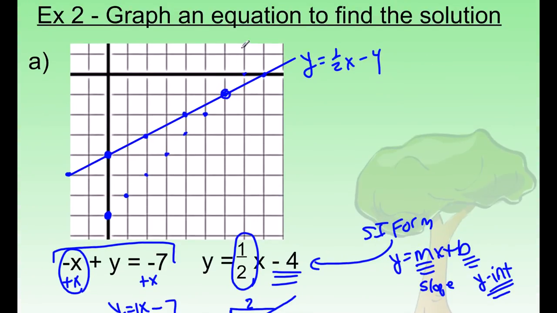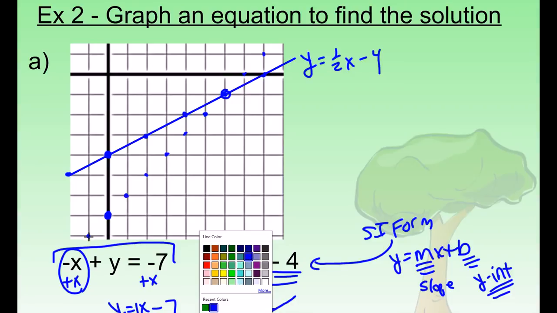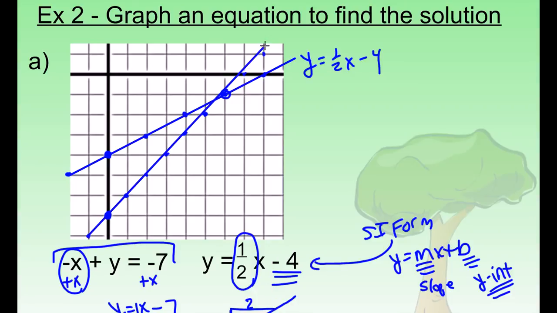Up 1 over 1. Down 1 over 1 the other way. And this is my line. So we have now graphed both equations using this slope-intercept form.